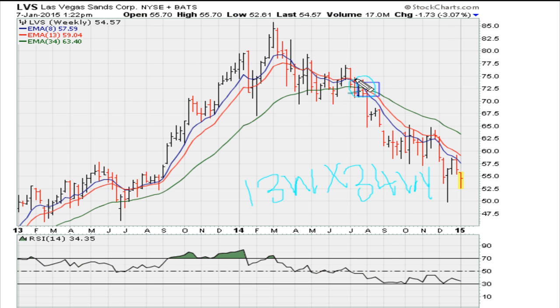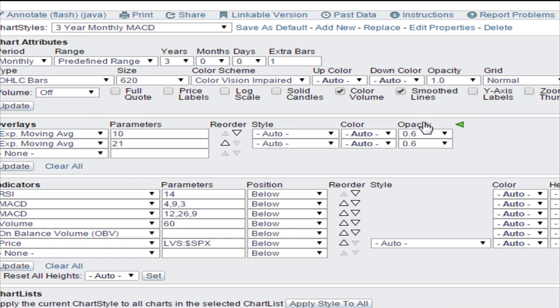So that crossover there is bearish, and it just makes sense that the stock should continue struggling. We also see that now the 10-week moving average has become resistance. And as the 10-week moving average becomes resistance, this is where generally the markets will stall and push an instrument lower.